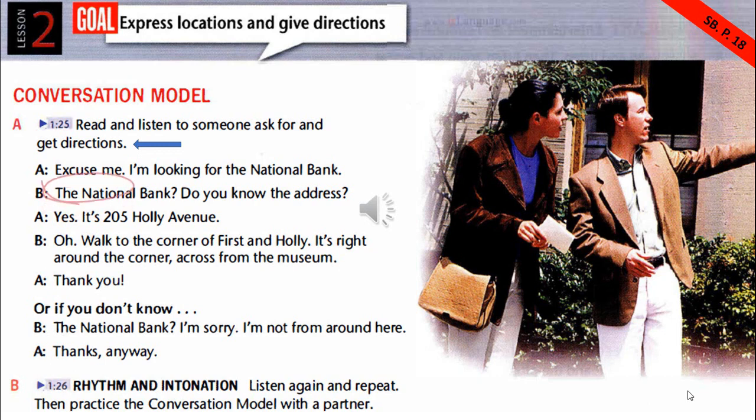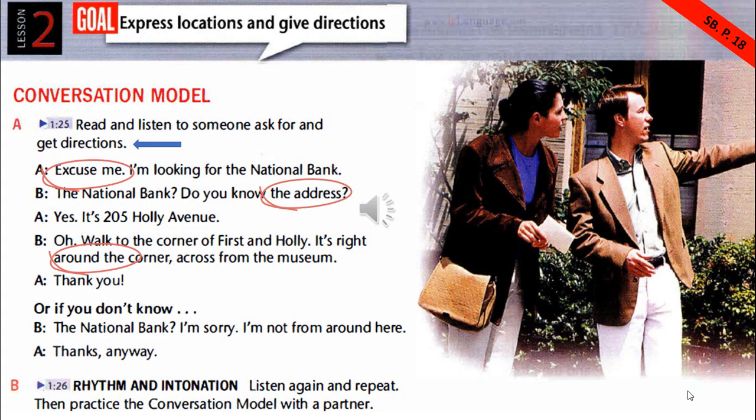What do you mean by the address? The address means العنوان. Yes, it's 205 Holly Avenue. Avenue refers to the name of the street. Walk to the corner of First and Holly.